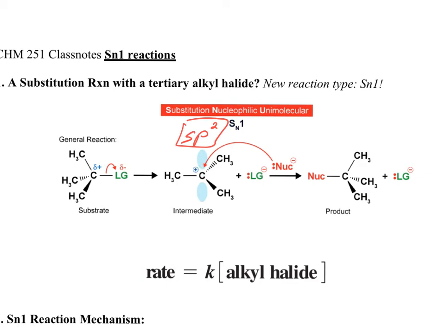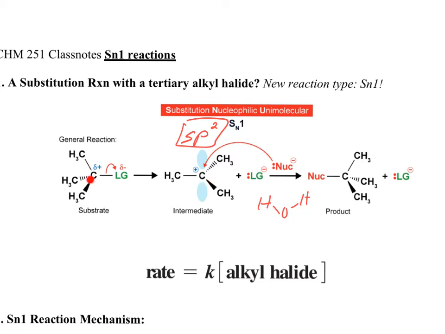If it has an empty p orbital, the nucleophile, which a lot of times is the solvent, right? Because we call these solvolysis reactions, polar protic solvents, let's say something like water. It can react either from the top or the bottom.